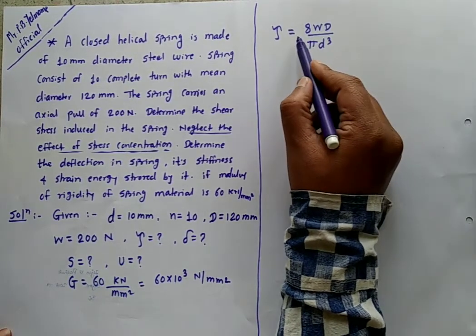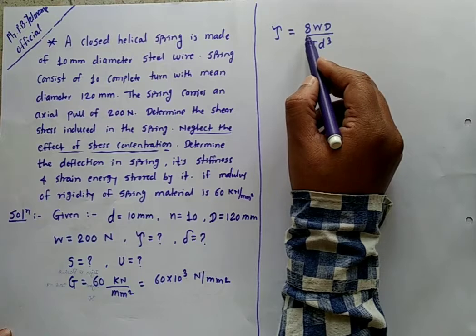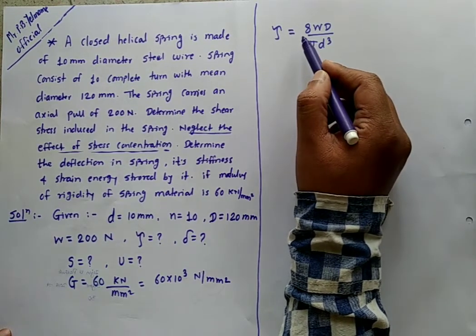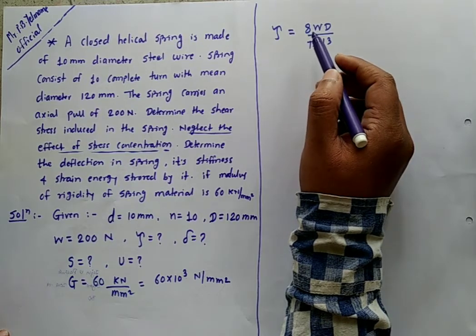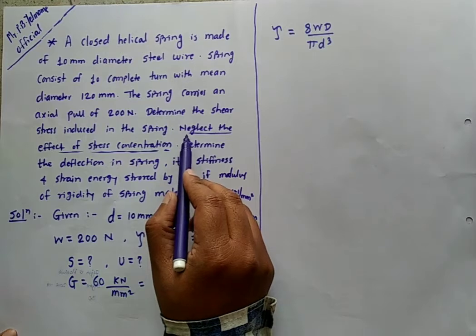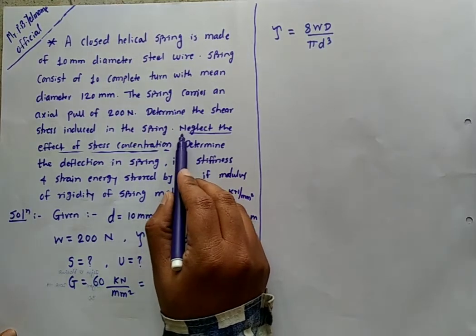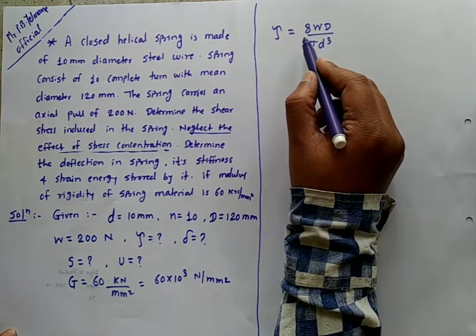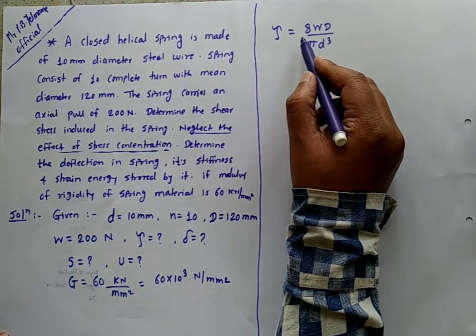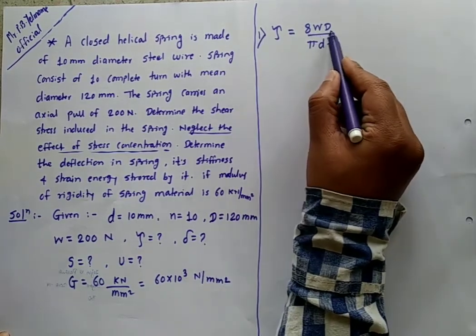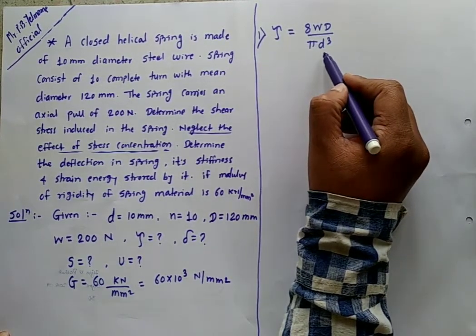If we consider the curvature effect, then multiply by K. Ks is the Wahl shear stress factor, and K is the Wahl's factor of a spring. But in the problem statement, we simply neglect the effect of stress concentration, meaning we do not consider Ks as well as K. So the formula becomes 8WD upon pi d cube.